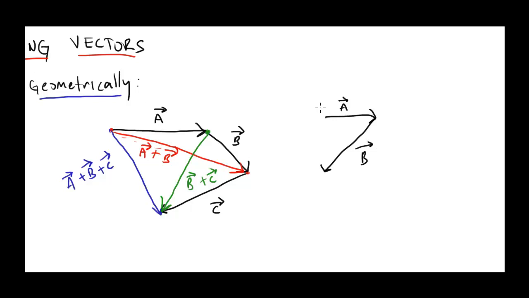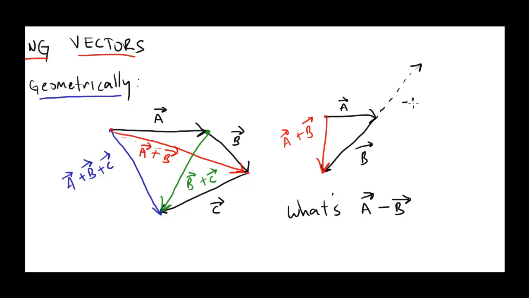Based on what we just said, this, start to finish, would be A plus B. But what if the question was, what's A minus B? In other words, what if I was subtracting vector B away from A? The way we would do that is we would take vector B and rotate it 180 degrees. So now this is the vector minus B.